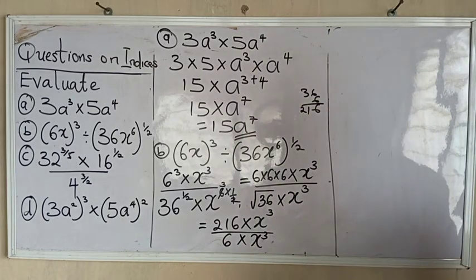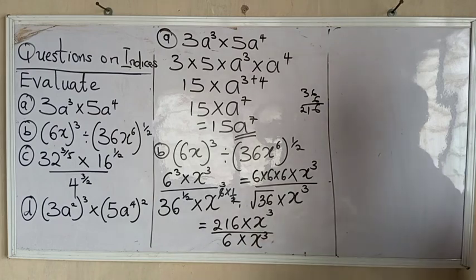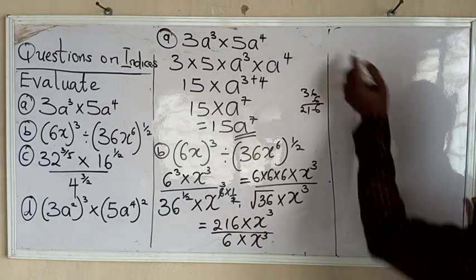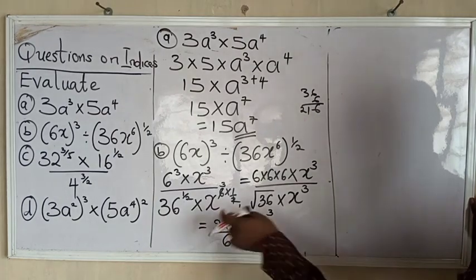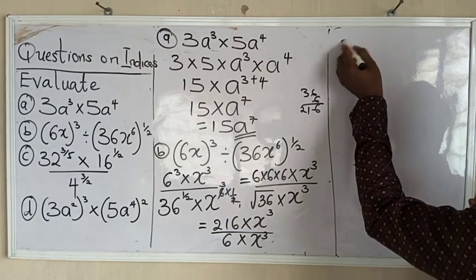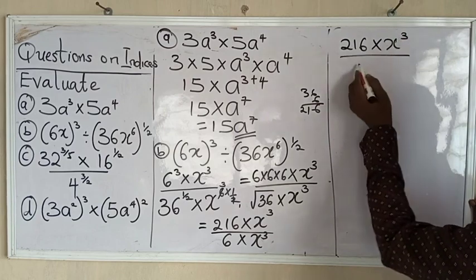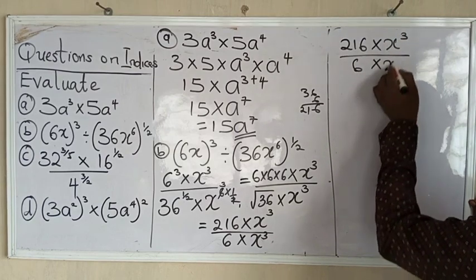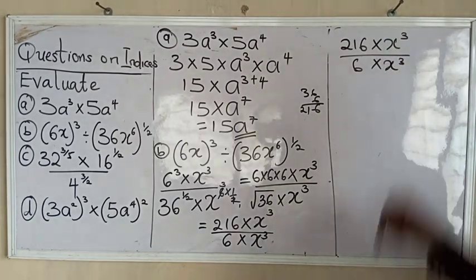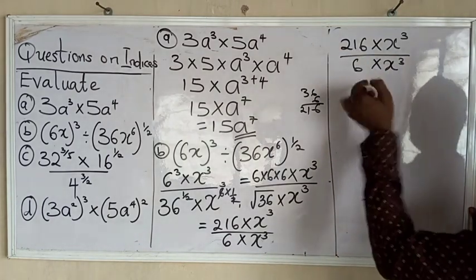So from here, we are just going to round up by dividing. So I'll say 216 times x raised to power 3 over 6 times x raised to power 3. So let's look at how we are going to divide this.